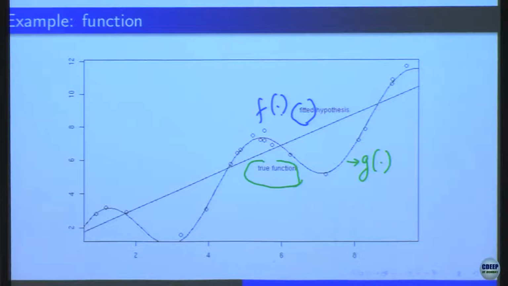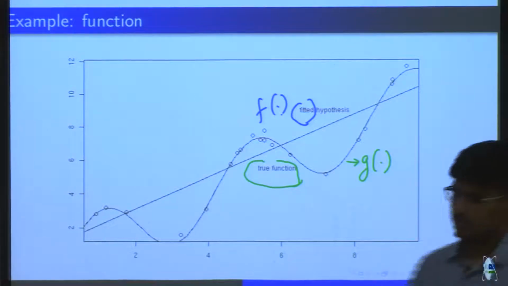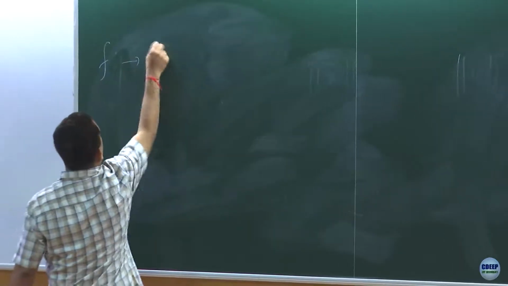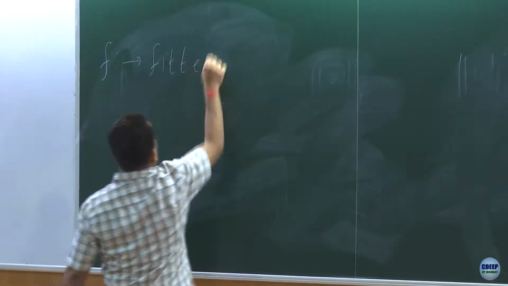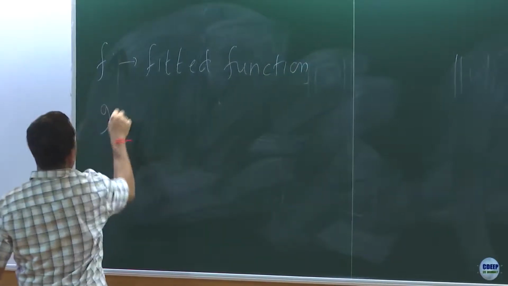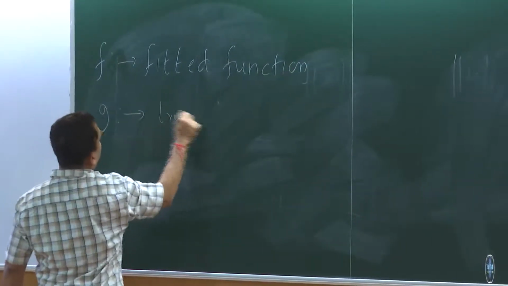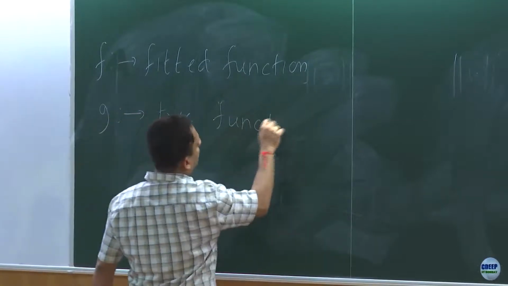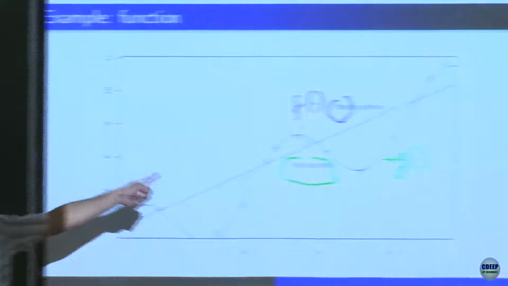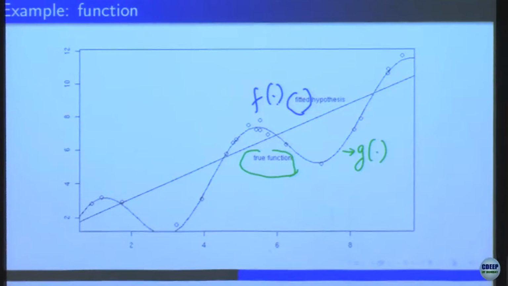So f is my fitted hypothesis, g is my true function for the rest of the discussion. This is clear? And from this true function there are some sampled points.